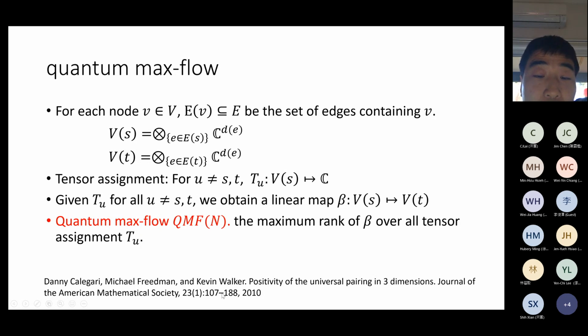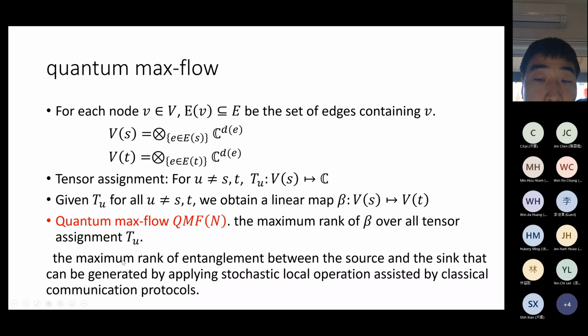So this was initiated by Cui, Freedman, and Walker's paper. And the maximum rank actually represents the maximum entanglement between the source and sink that can be generated by applying SLOCC protocols.